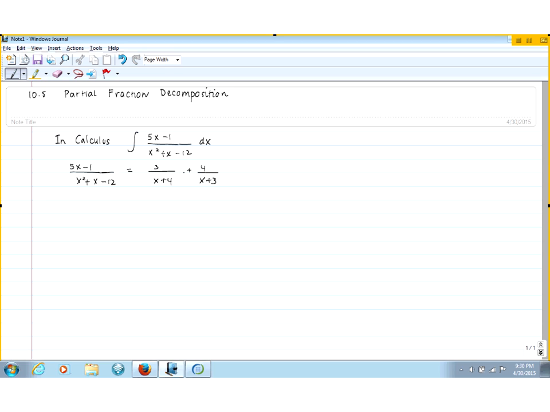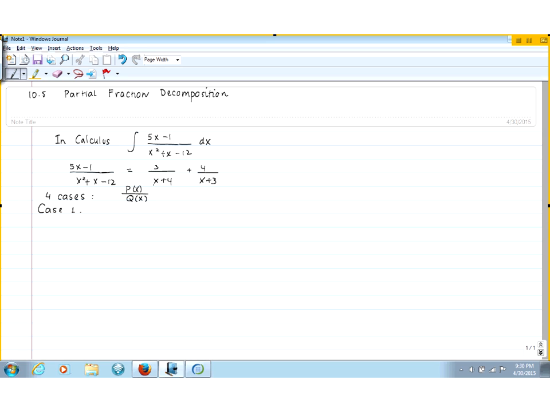Now, there are 4 cases of partial fraction decomposition. So case 1. We want to do a partial fraction on P of x over Q of x.